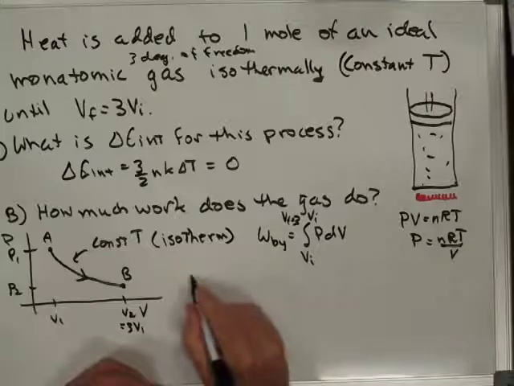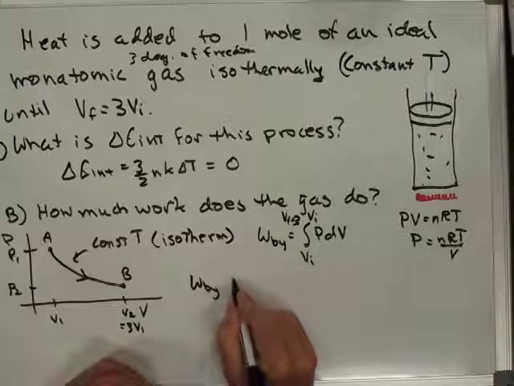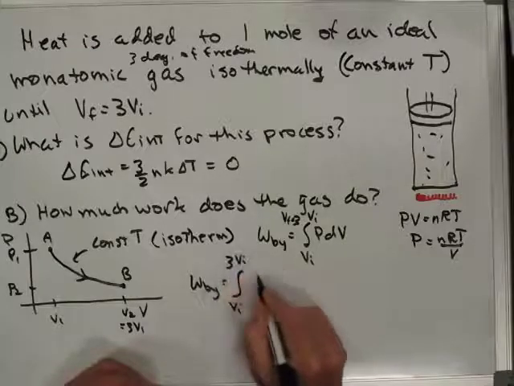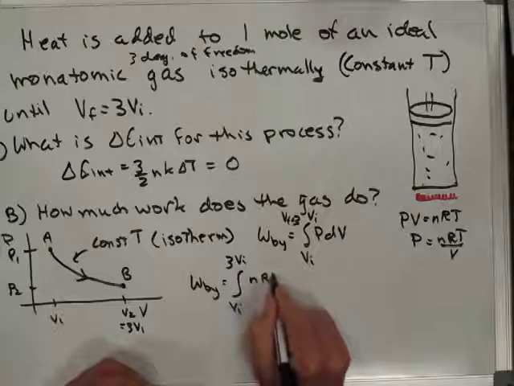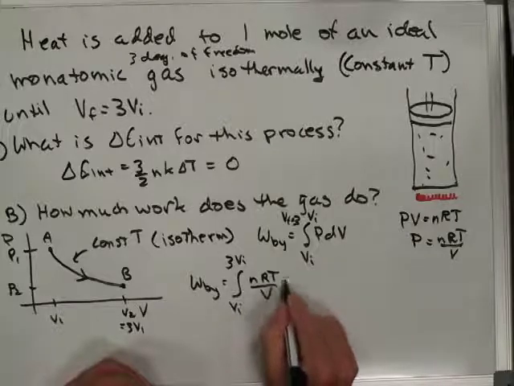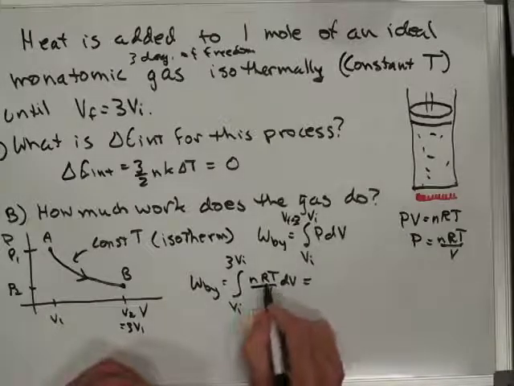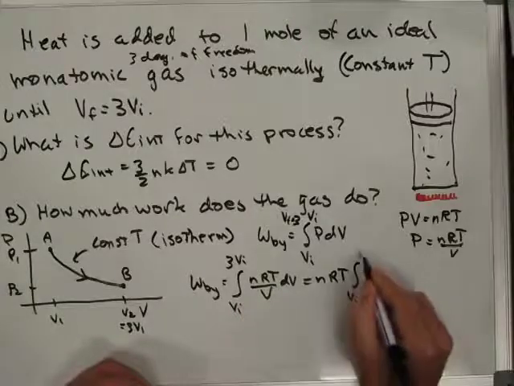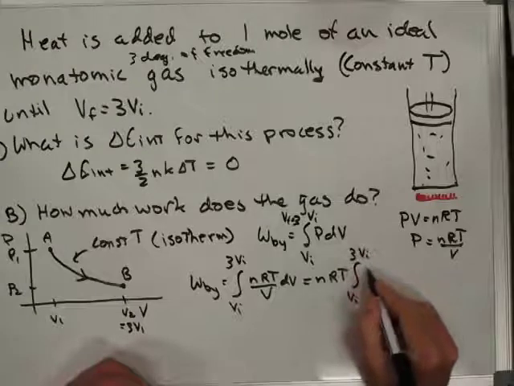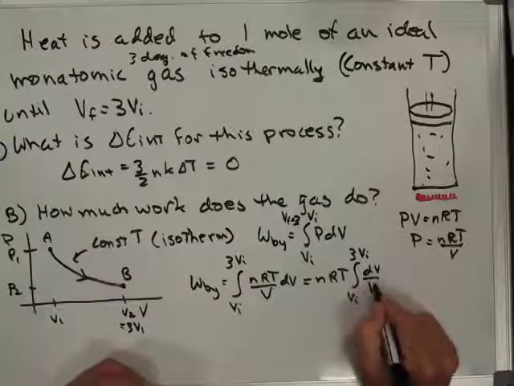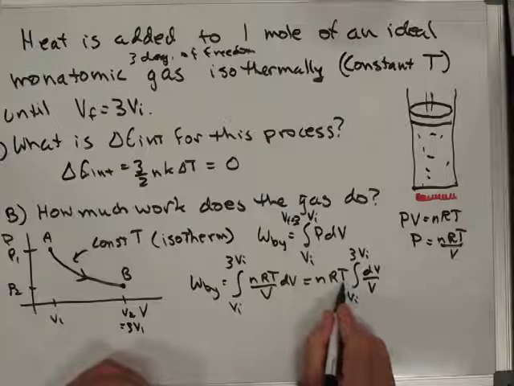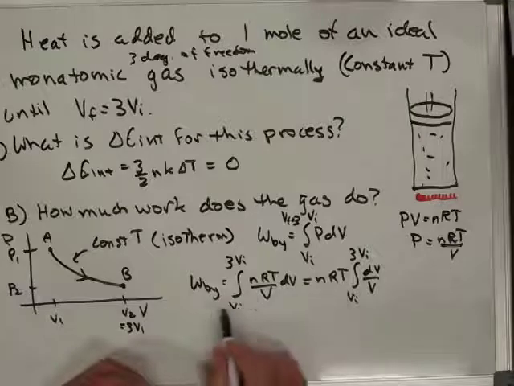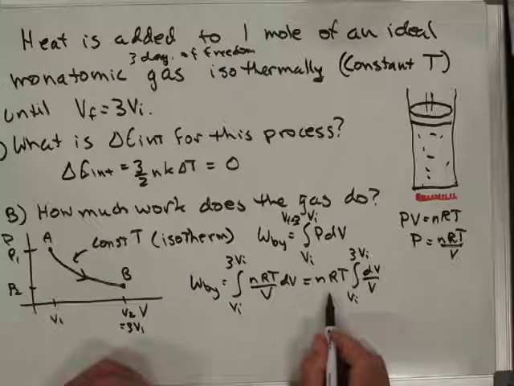And so I can write the work by the gas as the integral from V initial to 3V initial of nRT over V dV. And since n, R, and T are all constants, I can say that's nRT times the integral from V initial to 3V initial of dV over V. Again, it's an isothermal process, so T is constant. This will be a standard technique for calculating the work done by a gas for an isothermal process.